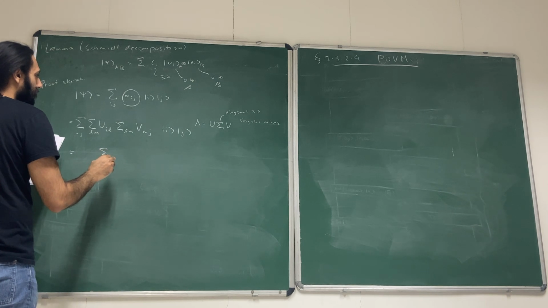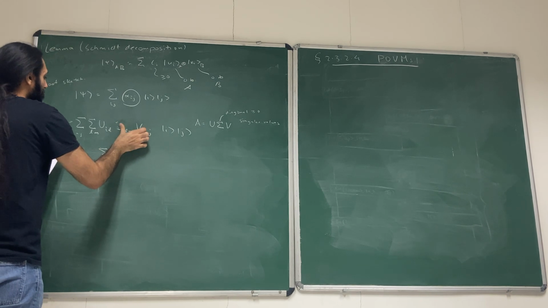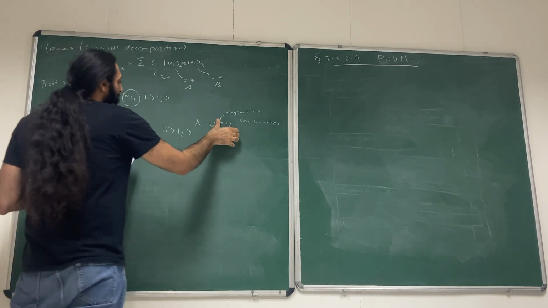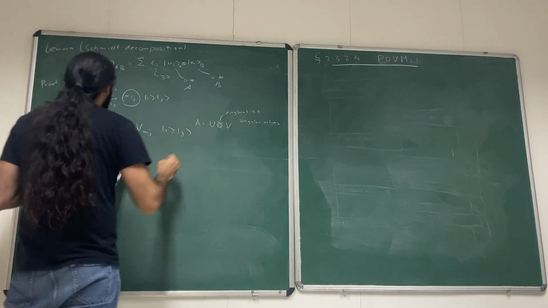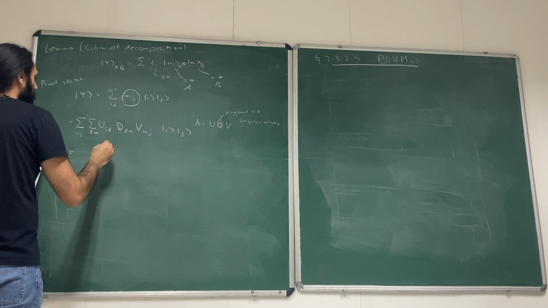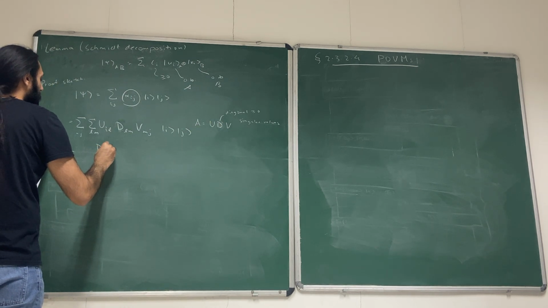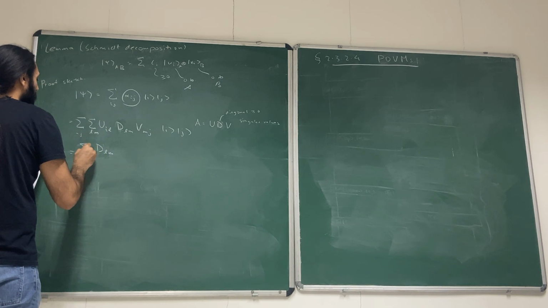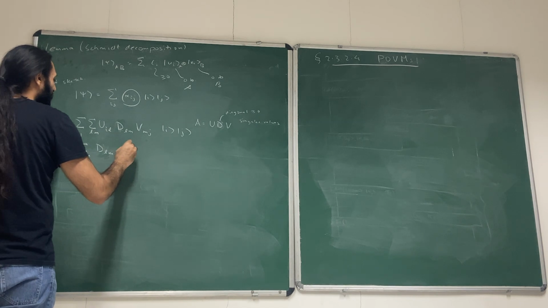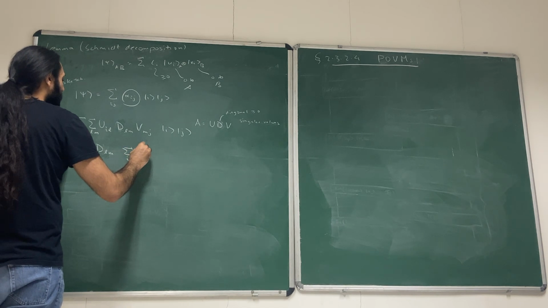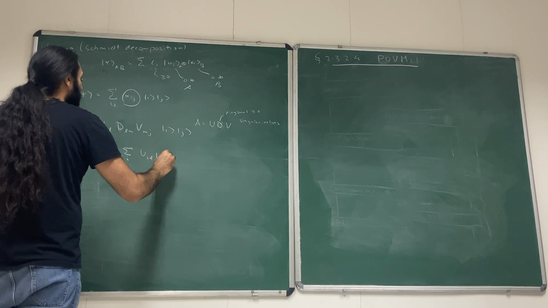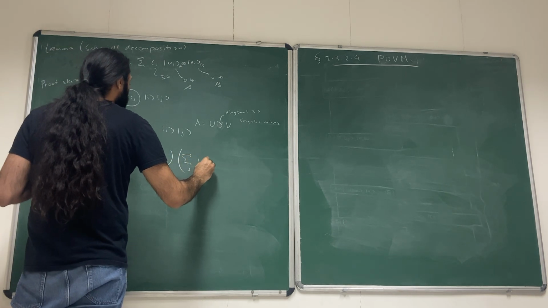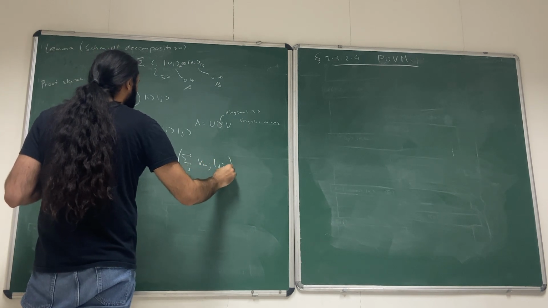Maybe I should not have written sigma as the letter, it might be a bit confusing. Let's just write it as D. Now what one can do is write the sum over l, m of D_lm, and then the sum over i of U_il acting on i, and the sum over j of V_mj acting on j.